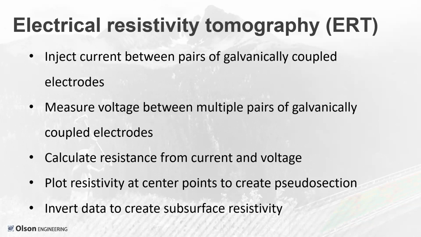That could be anywhere from one pair up to usually 8 to 12, which is sort of the maximum number of pairs you would use for the voltage measurements. We calculate the resistance from these currents and voltages. We plot the resistivity at center points to create what's called a pseudo section, and then we can invert that resistivity data to create a subsurface resistivity model.